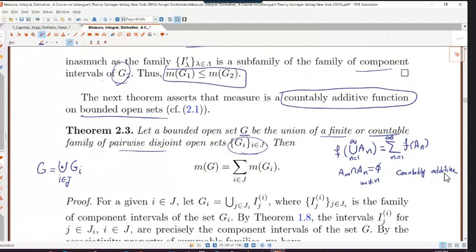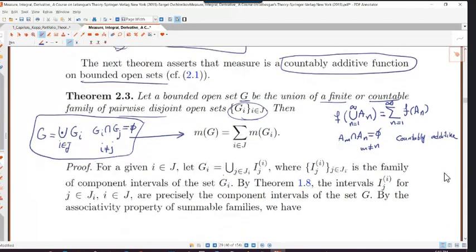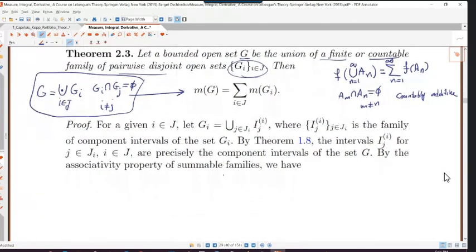Okay, this is a convention between me and you. When we put a point in the union sign, it means that G_i intersect G_j equals the empty set, where i is not j. Okay? Then M of G is the sum of M of G_i, where i belongs to J. This is a useful theorem.